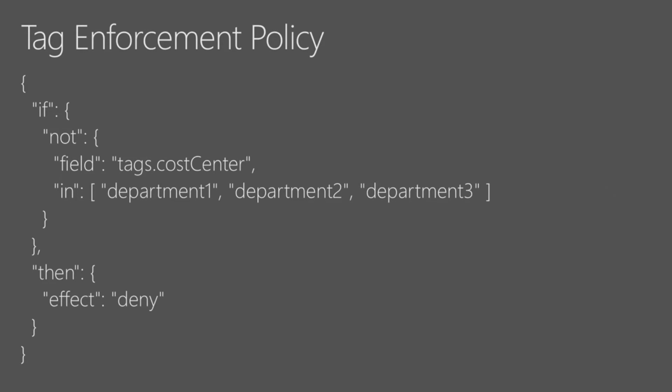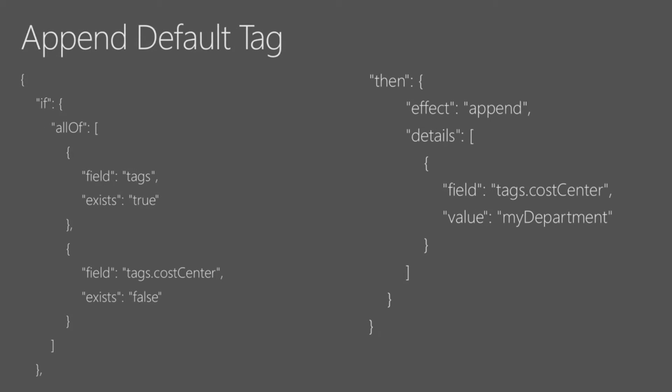Some people, when they adopt this policy, think it's too restrictive because their users haven't gotten used to specifying tags in their deployment. So we have another way: append tags. This requires you to know the default tags you want to have. If you look at the condition, there's an operator called allOf. Basically, it's an AND condition for the two sub-conditions there.